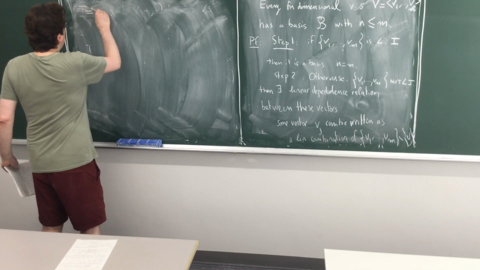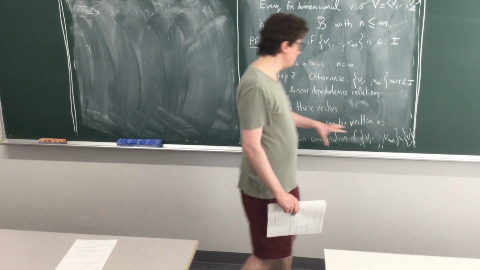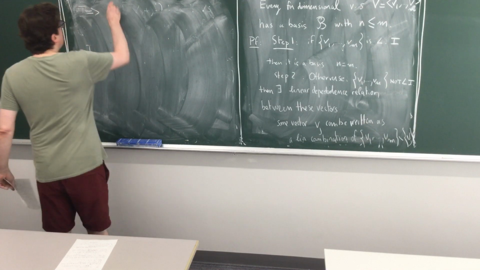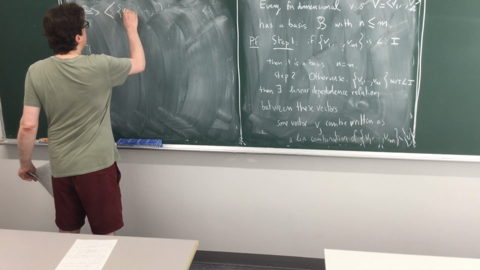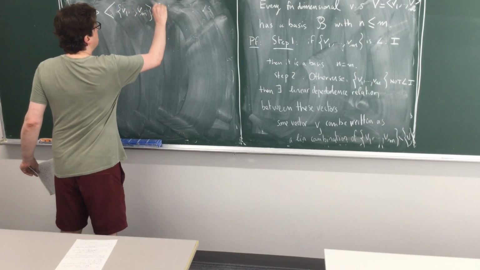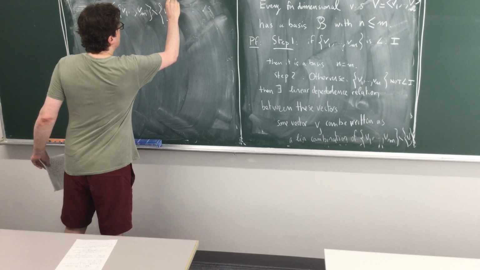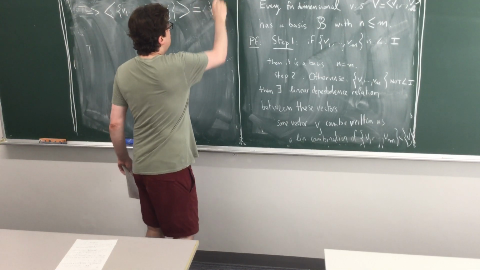Well, first of all, because this vector can be expressed in terms of the others, it means that the set where you remove this vector will still span V, okay?